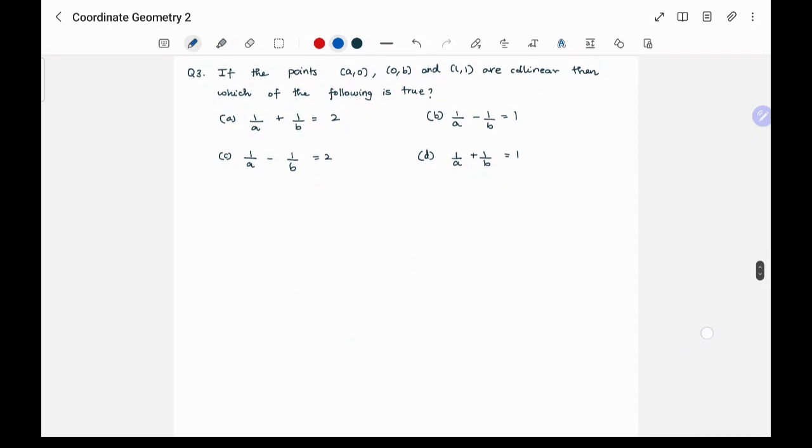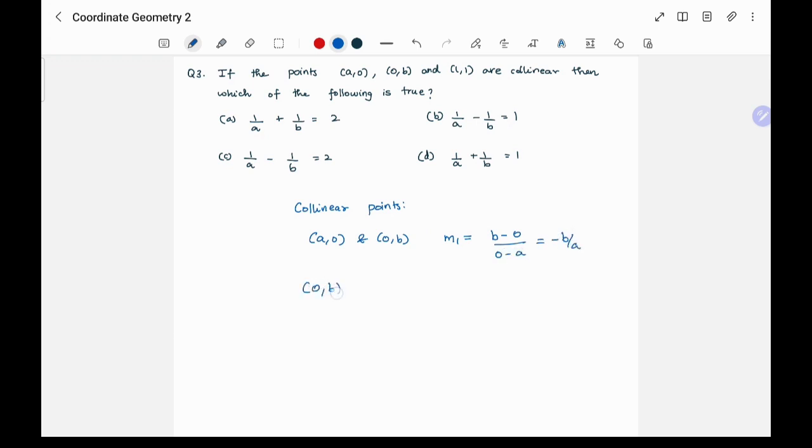Next question. If the points a, 0, and 0, b and 1, 1 are collinear, then which of the following is true? So collinear points, we know slopes are same, right? So let's take slope between a, 0 and 0, b. So m1 is equal to b minus 0 by 0 minus a, which is minus b by a.